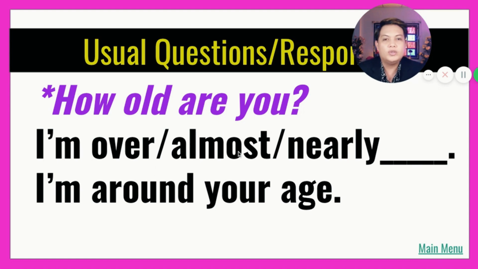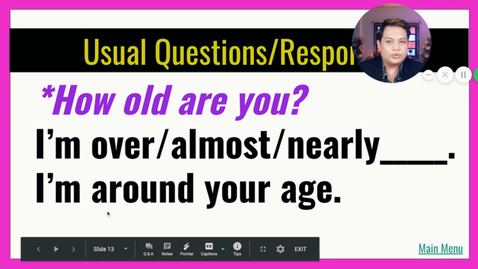Right? When you say almost, it means your birthday is next month or 2 months from now. You're almost 13, but right now you're just 12 and 8 months. When you say nearly, it's the same as almost. Okay, you could use these interchangeably.